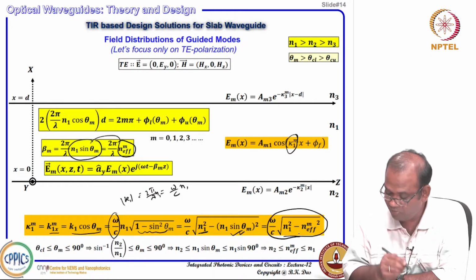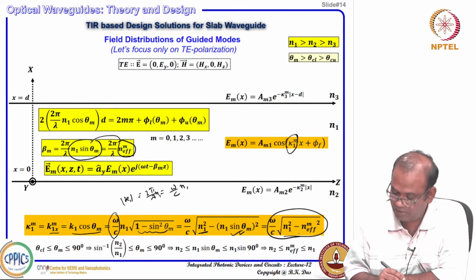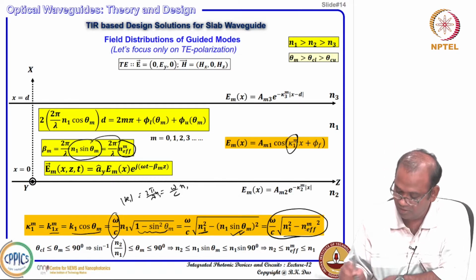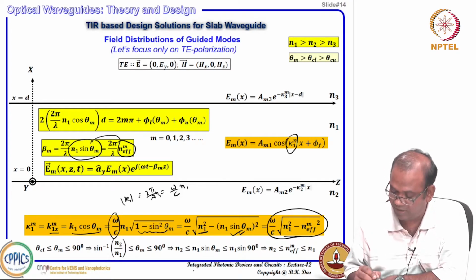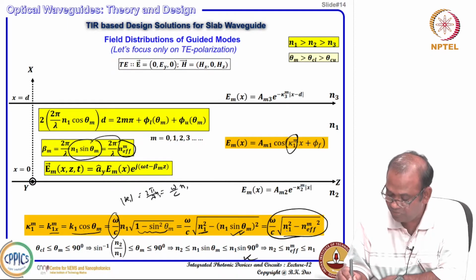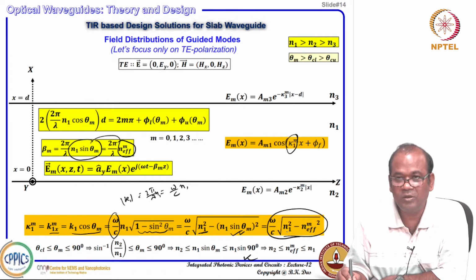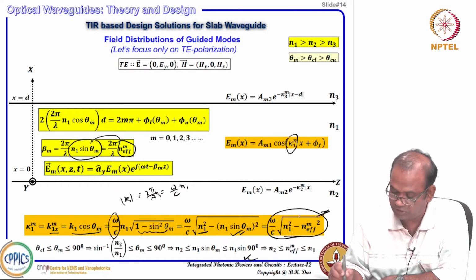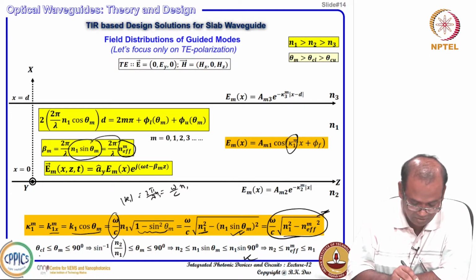Okay. Now, if you see n effective m, which one is higher, n1 or n effective m? Since we can show easily here that n effective m must be less than or equal to n1, this one, the square root term, will always be positive. How is that? You just consider this one.